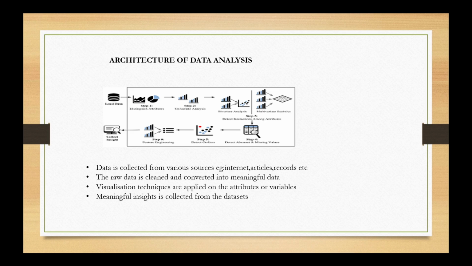We collect the raw data, we clean the raw data, we remove outliers, we take the required attributes, and using the required attributes and variables, we perform analysis, which can be univariate, bivariate, or multivariate analysis. These analyses give a clear-cut picture of the situation.